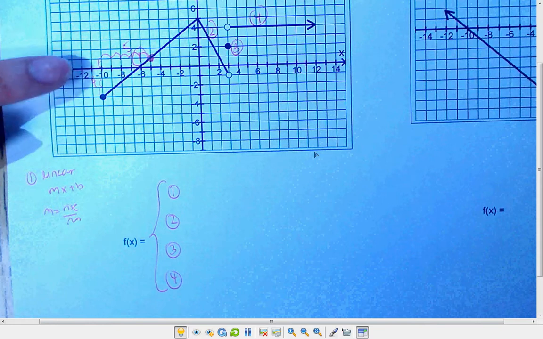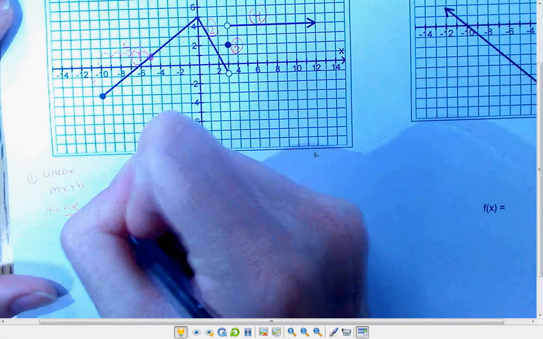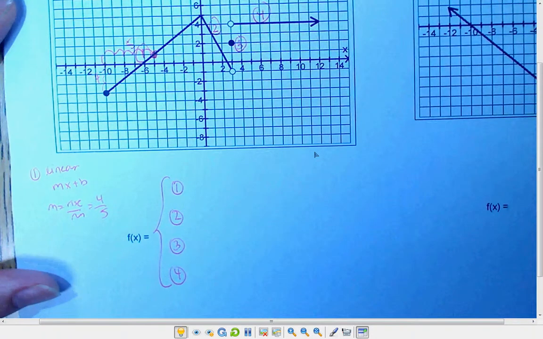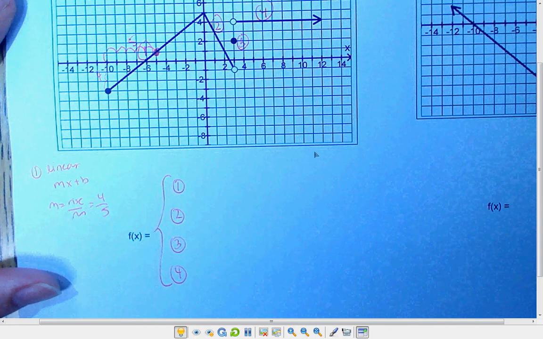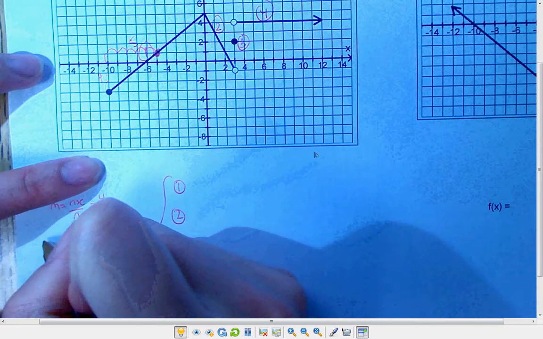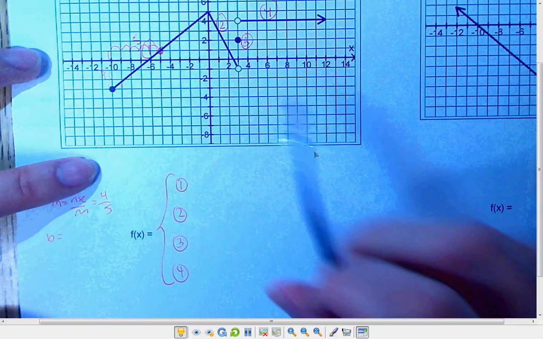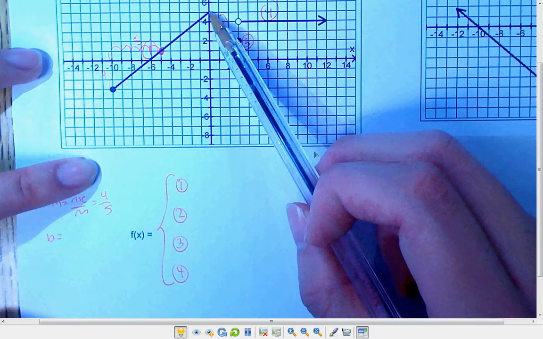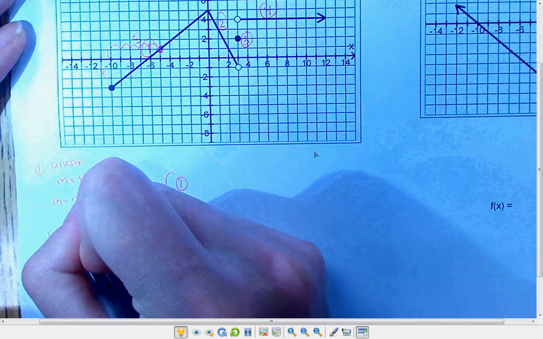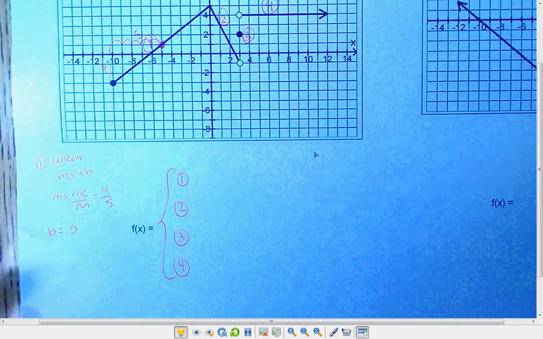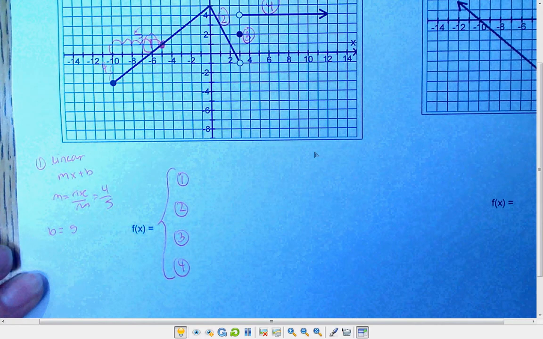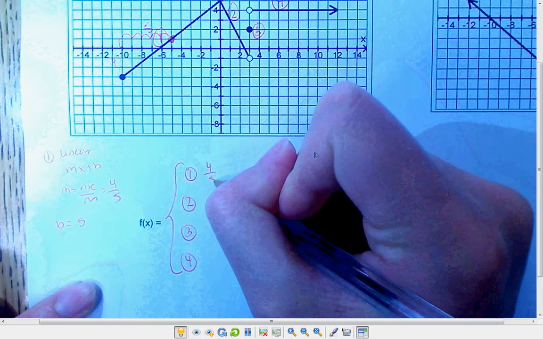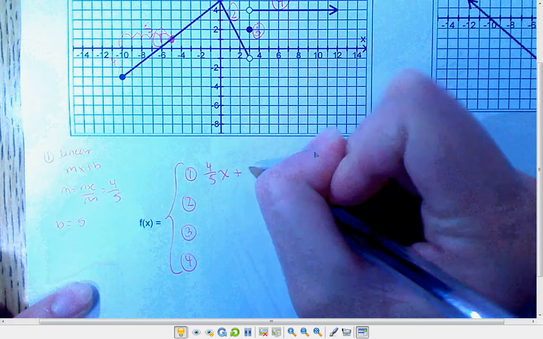So if it goes up 4 to the right 5, our slope is going to be 4 over 5. For our b, we know b is just our y-intercept, which we can see is exactly right there. It crosses the line at positive 5, so my b is positive 5. My first equation is just going to be 4/5 x plus 5.